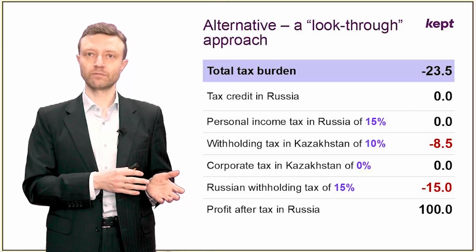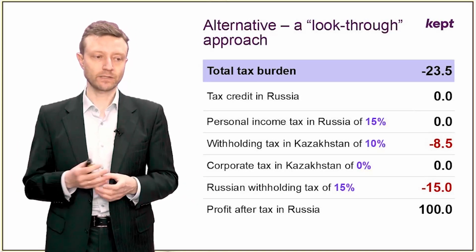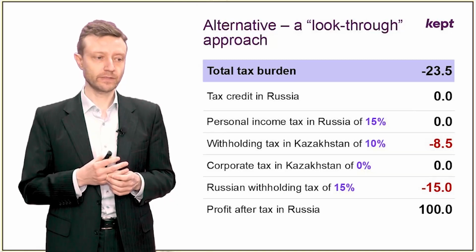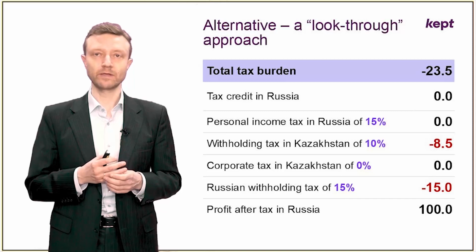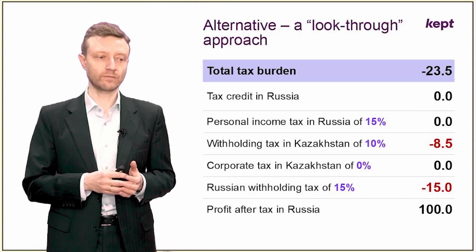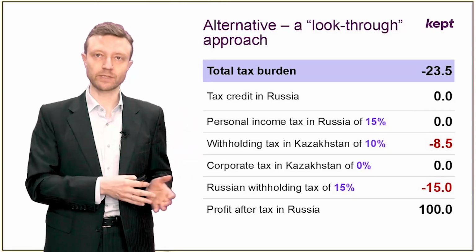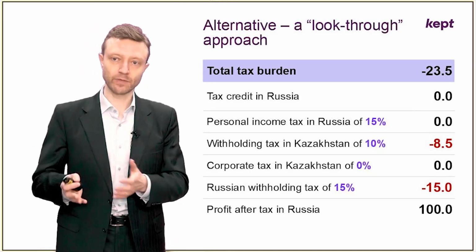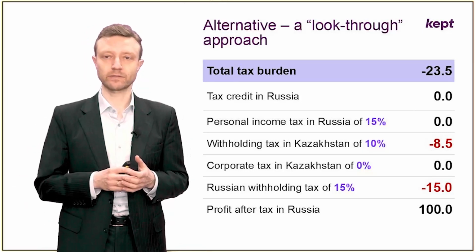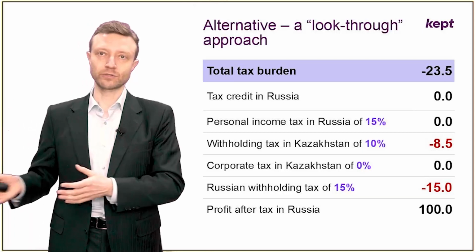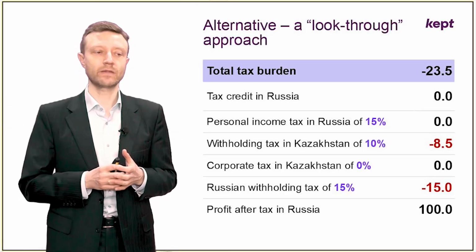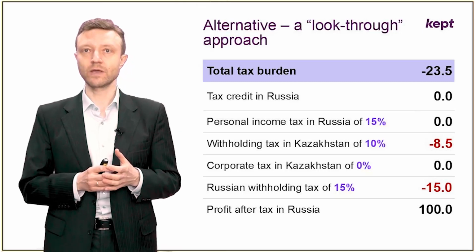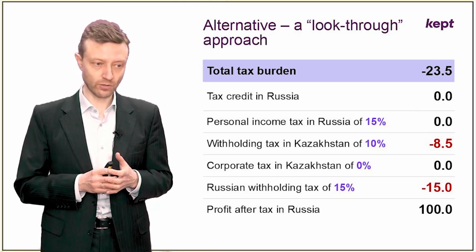Before we move on to the Kazakhstan parts of the business, let's remember that there is a so-called look-through approach in Russia that provides an alternative tax treatment of dividends, and the Russian subsidiary that declares dividends for tax purposes can claim that the dividends are attributable to the shareholders and taxed accordingly in Russia, as if they were distributed directly to the Russian shareholders.